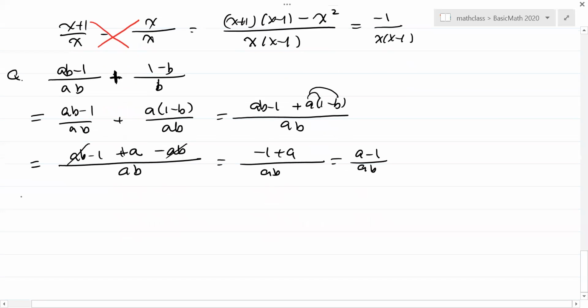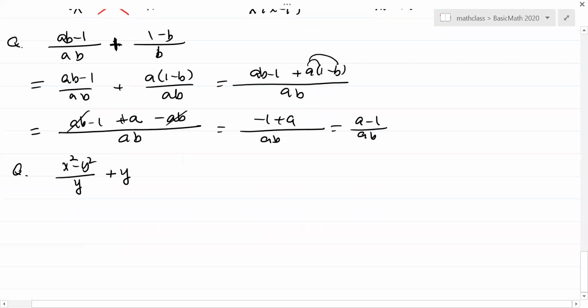All right, so the next problem, I hope you're able to combine them into one fraction. Okay, x squared minus y squared over y, and plus y. Can you do that? Combine them into one fraction.